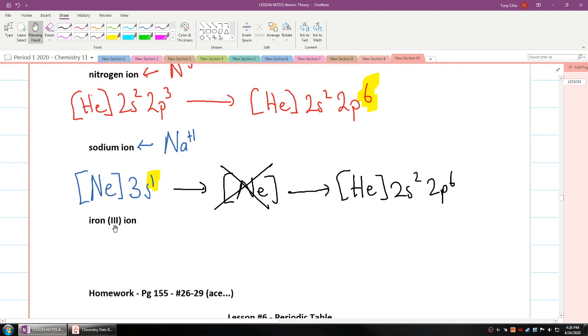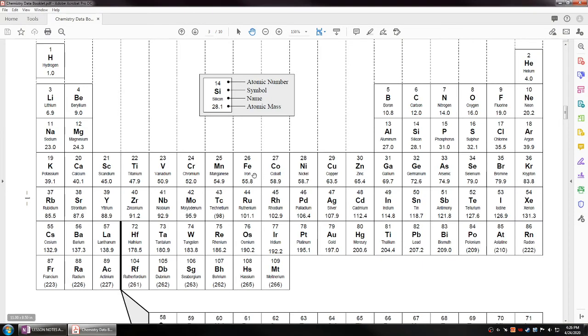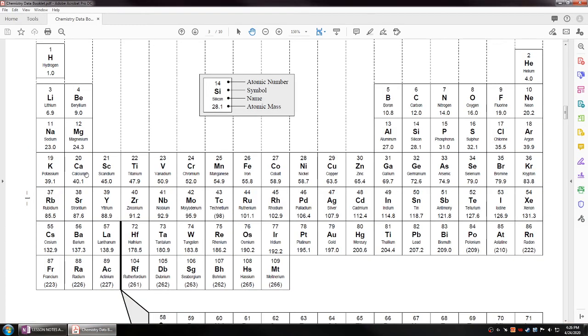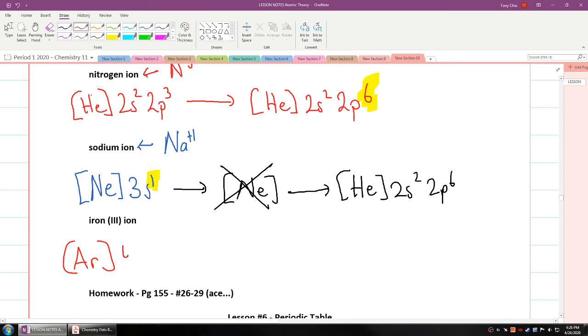Well, let's look at iron 3 ion. With iron 3 ion, the initial core is argon. And it's 4s2 3d6. Okay? Now with iron 3, if you remember this is Fe plus 3, it's going to lose 3 electrons. Where does it lose the 3 electrons?